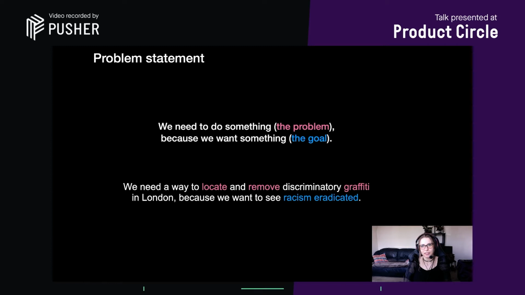When we have the problem statement, it's going to be much easier for us to reach the goal because it's something that can guide us throughout the way. And whenever we start a new project, we should always ask, what is your problem statement? What is it trying to solve?